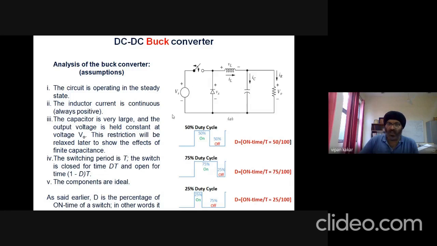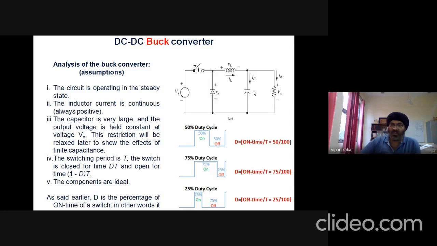Now the inductor current, as I just mentioned, we are assuming is a continuous inductor current. So only phase 1 and phase 2 are applicable. Again, assuming that the capacitor is very large, the output voltage is held constant.